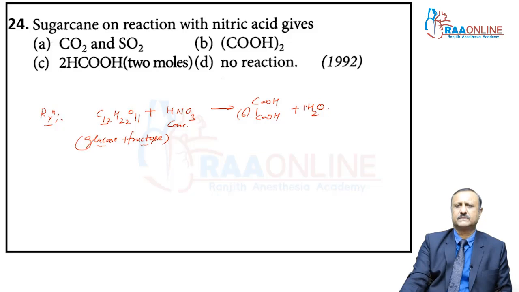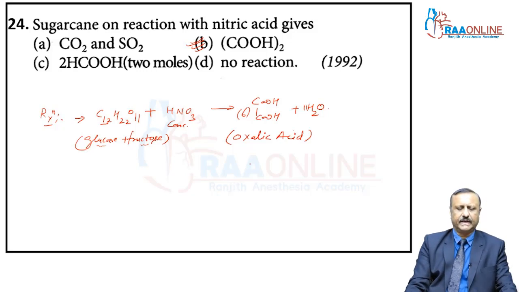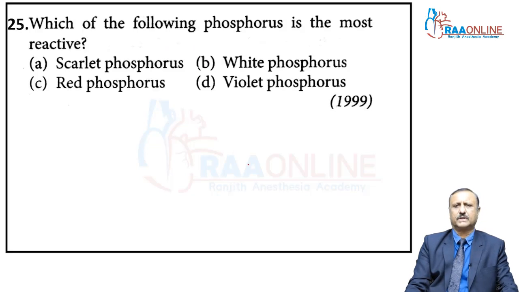So, my dear students, here you can see the reaction. By this reaction, you get this compound, my dear students, called oxalic acid. So, you can go to answer B. B is oxalic acid. Now, my dear students, we can go to question number 25.